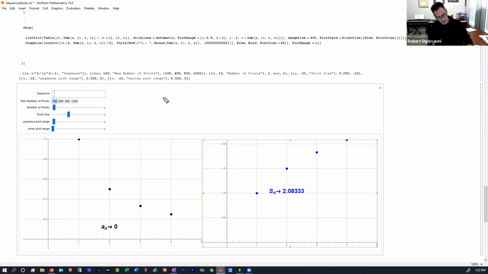So in this illustration that we see here, the original sequence we're starting with is 1 over n. That sequence is 1, 1/2, 1/3, 1/4. Got it? Okay. Now, if I were to graph this sequence, that's this picture right here.